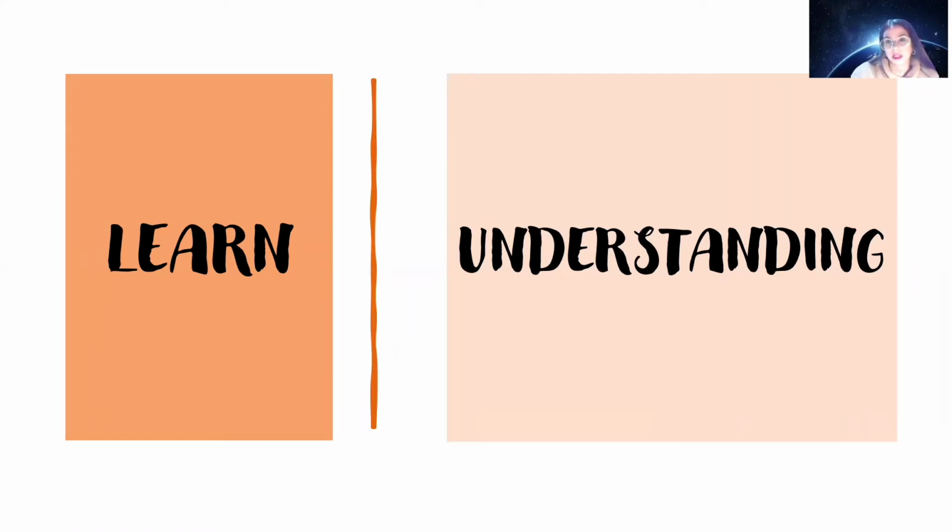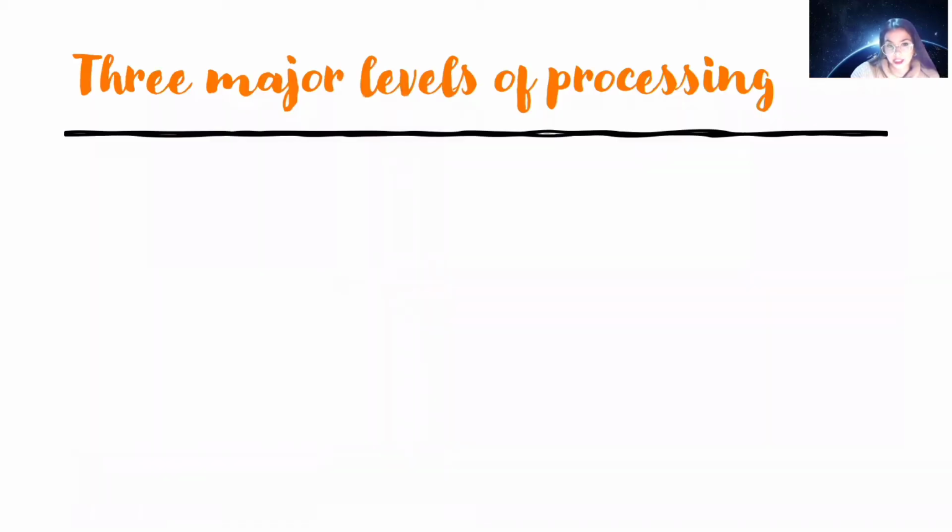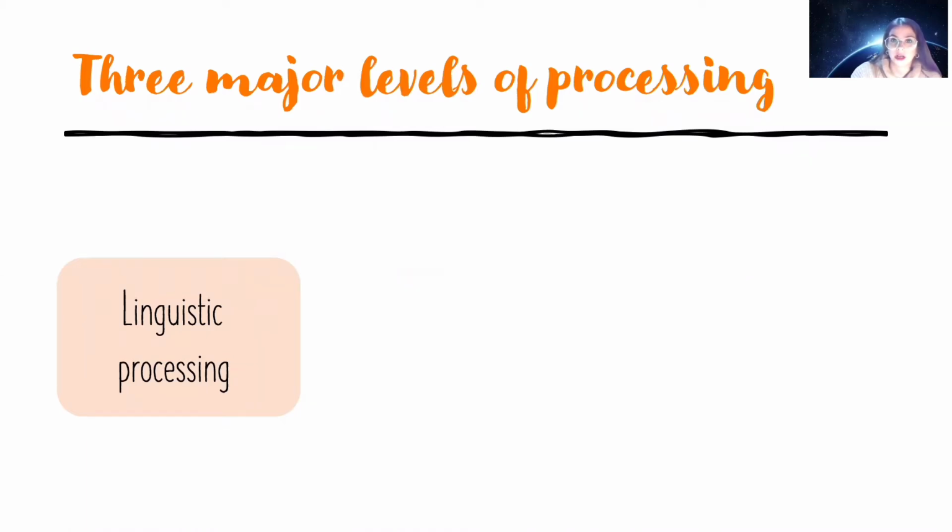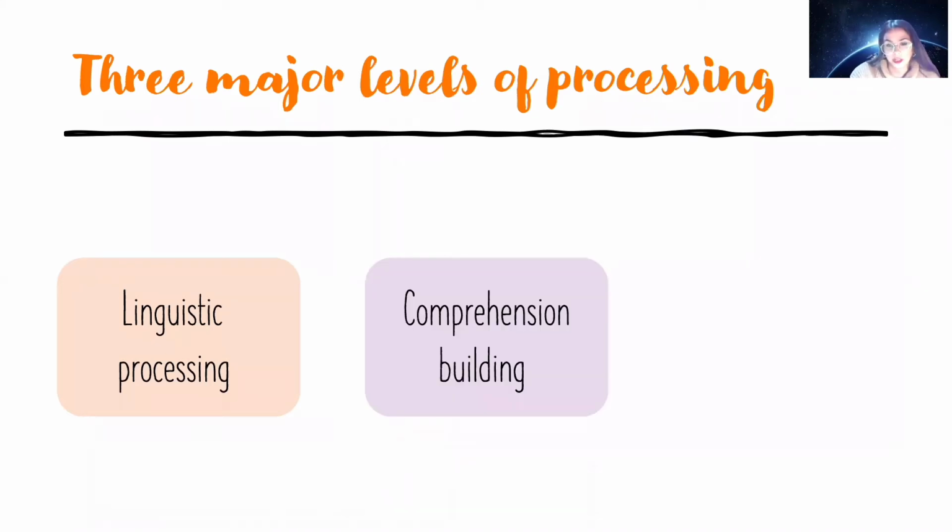A definition of reading requires some recognition that a reader engages in 3 major levels of processing: linguistic processing at phonological, morphological, syntactic, semantic, and discourse levels. At the second level, a reader engages in comprehension building level of processing, which involves text summary building, monitoring, among others.